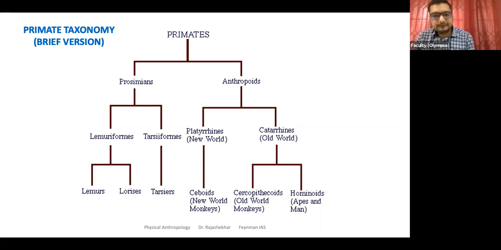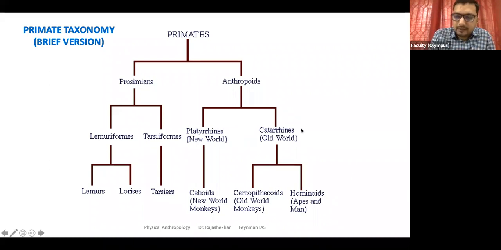Flat noses. And we'll see that they have nostrils that open sideways. If you see the New World monkeys, you see their nostrils open to the side, flat, as if attached to the face. I'll show you examples of them.